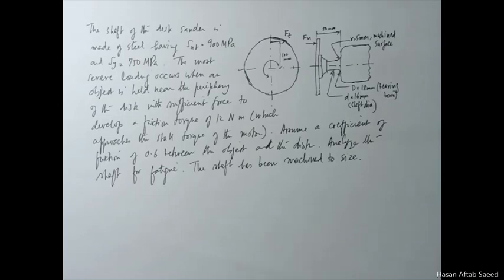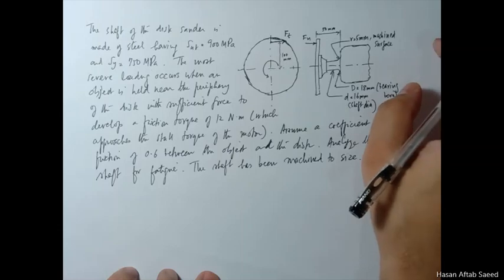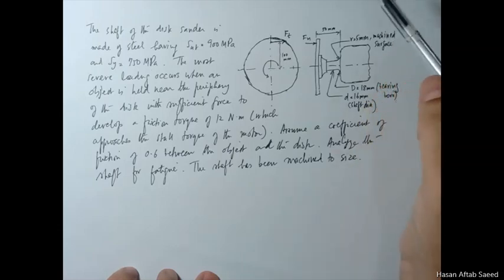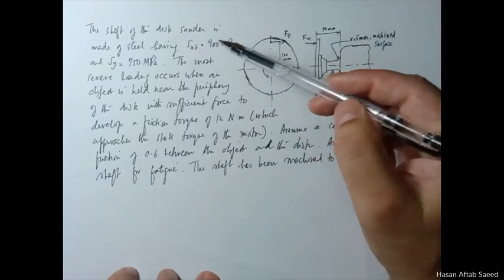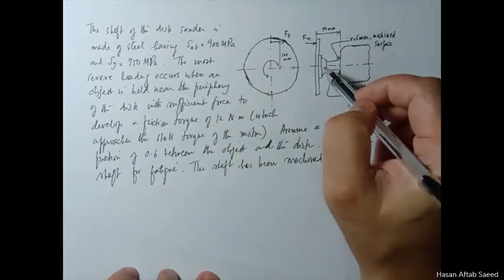Let's read this. This is not from your textbook, but it doesn't matter. All these problems are similar in nature. The shaft of the disc sander is made of steel having SUT given, SY given. This is a sander.